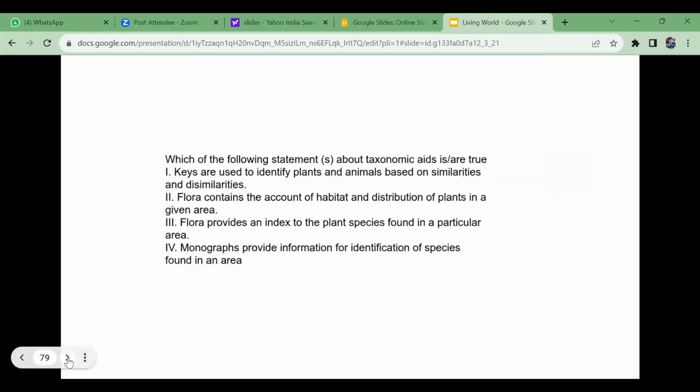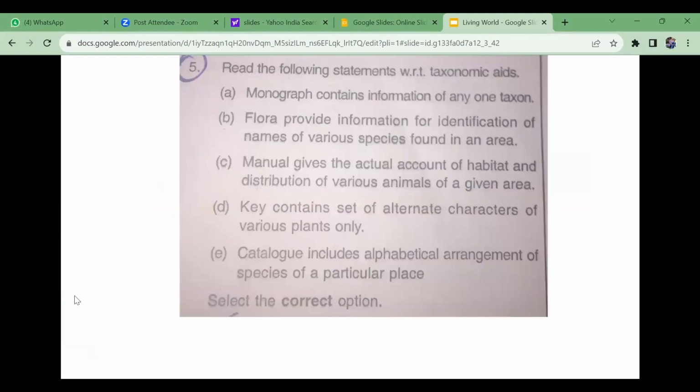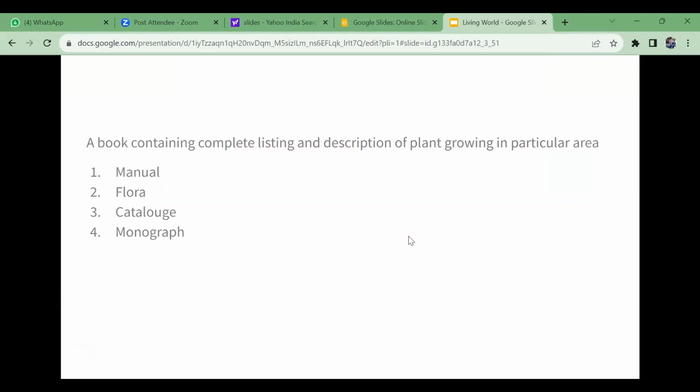Do this question. I think option is not given. Okay, this one you do. A book containing complete listing and description of plants growing in a particular area. Again, stress on in a particular area and answer.